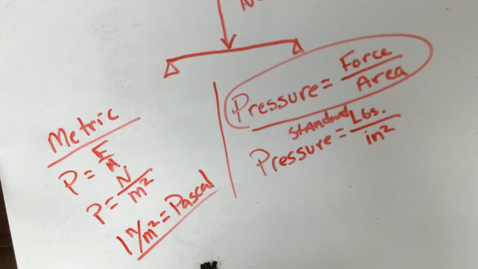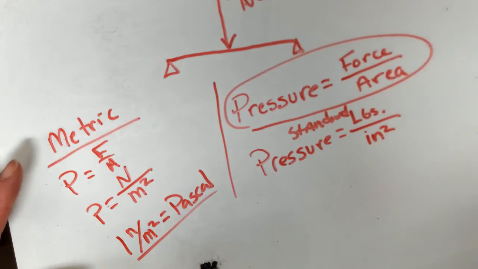So, when you look at pressure, the pressure and the stresses that cause the pressure in the members that it's putting the force onto, the pressure is going to be in pounds per square inch on the standard side. In the metric side, it'll be newtons per meter squared. So we've got to be able to convert back and forth between the two different units. Let's show you how to do that.